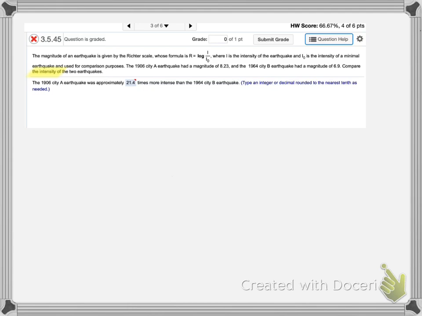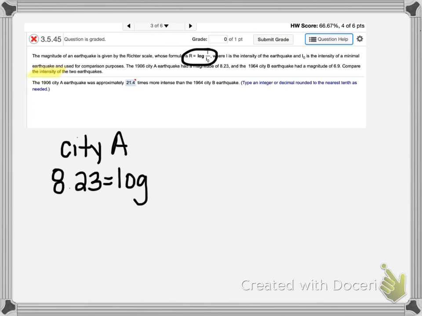So if I look at city A, it says that there's a magnitude of 8.23. So I'm going to use my formula that was given in the problem. I have 8.23 equals the log of I, which is the intensity, over I sub 0.